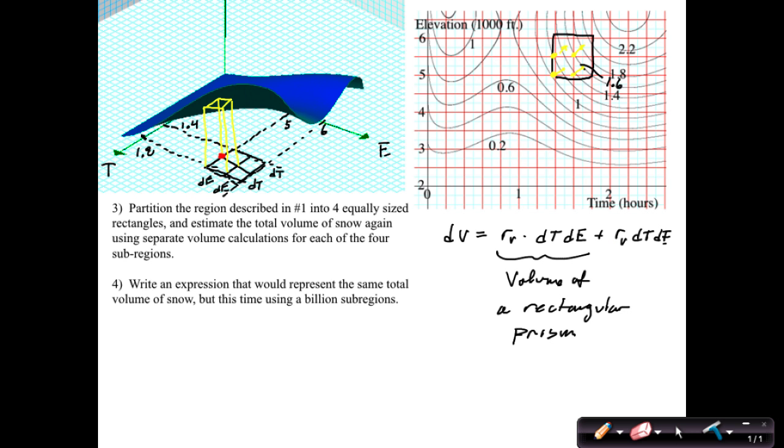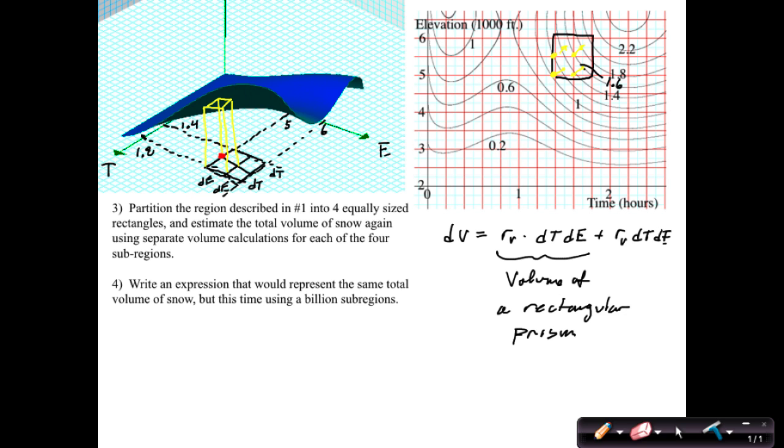Is that the 1.4? What's this 1.4 here? Yeah, because I got this right? This is the lower right rectangle, would be here, and we're using the lower left corner of that rectangle, which would be there.